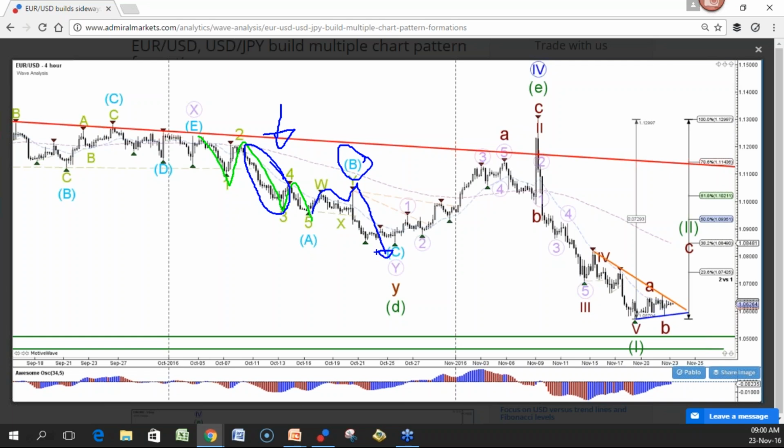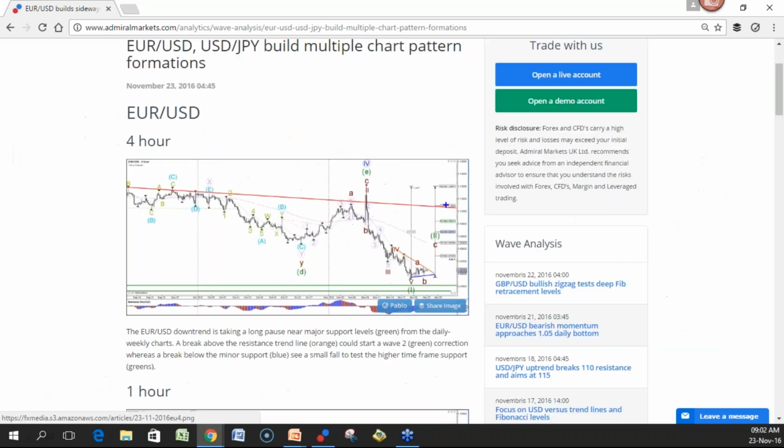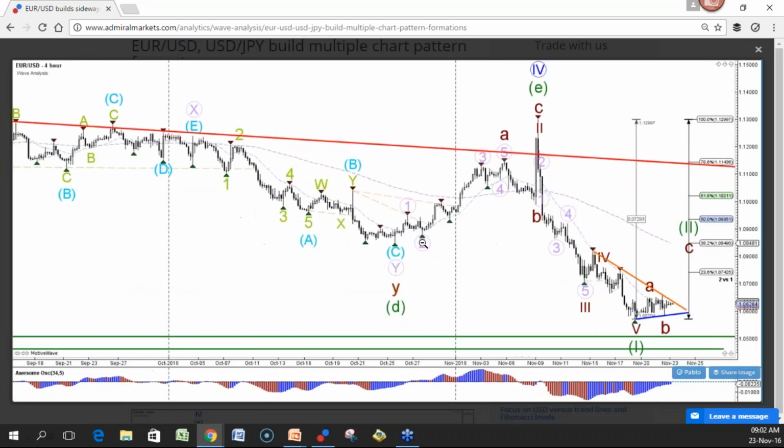Then I look at not only momentum and correction, but correction would often offer chart patterns. So if we, for instance, see a bull flag like this, that would indicate that more upside is probable.